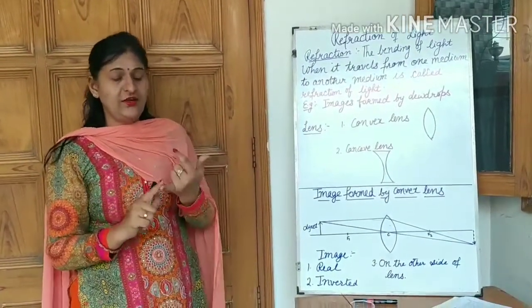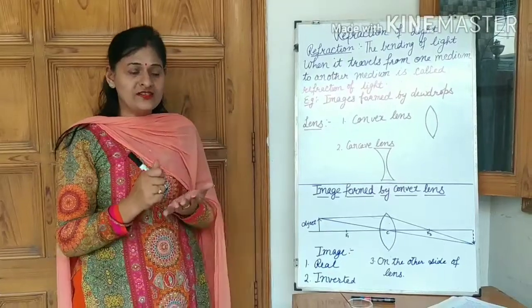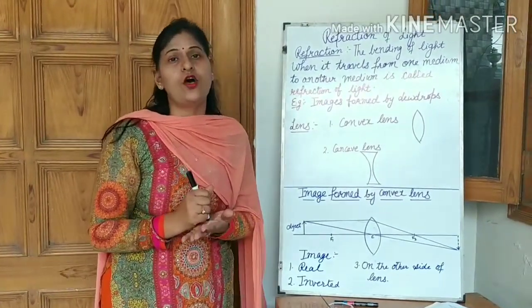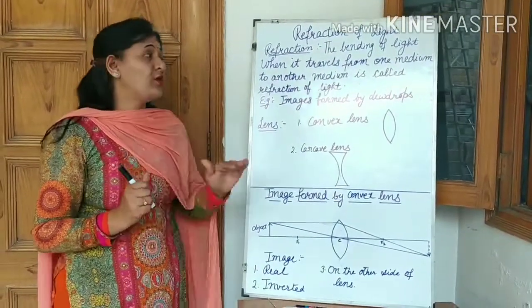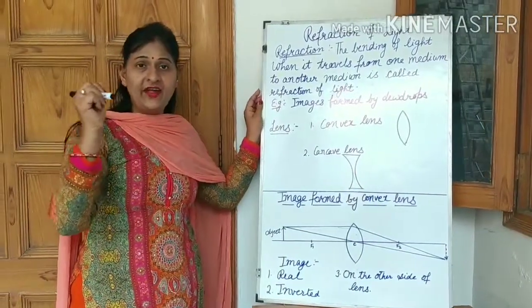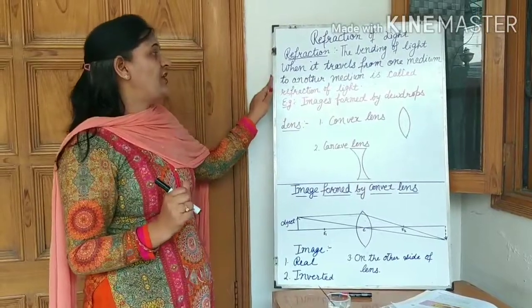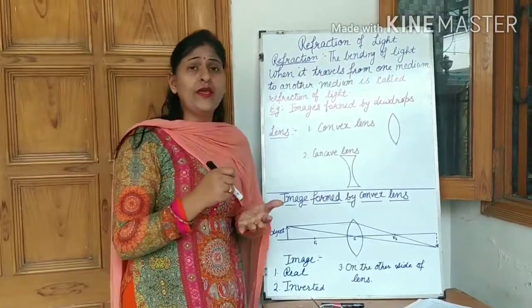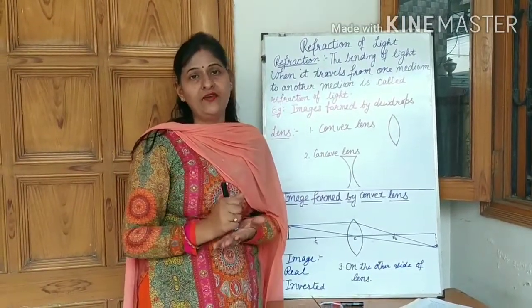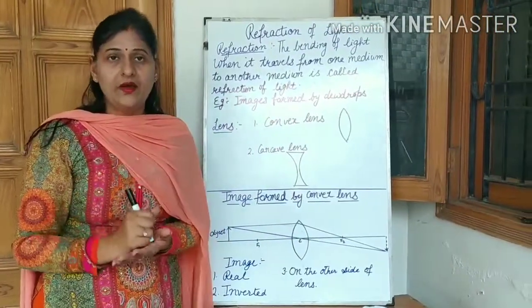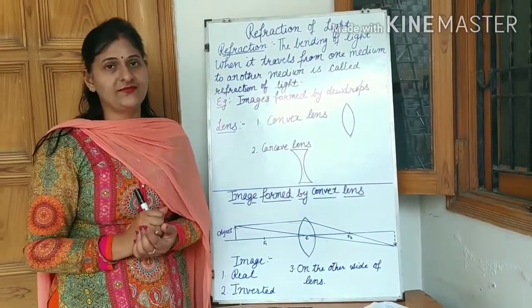When you see the dewdrops on the leaves, you can see the veins of the leaves. Why? It is because of refraction. Light travels from air to the dewdrops, a different medium, and because of refraction, you can see a greater image of the leaf and you can see the veins of the leaves.